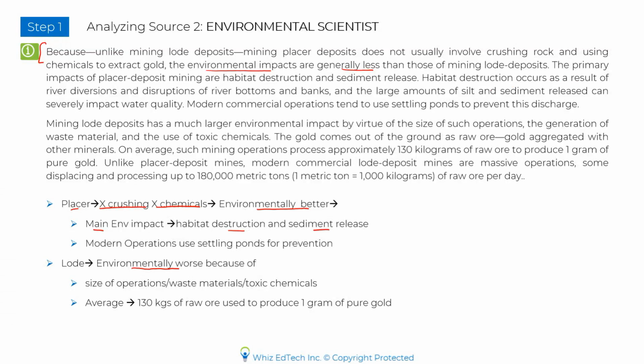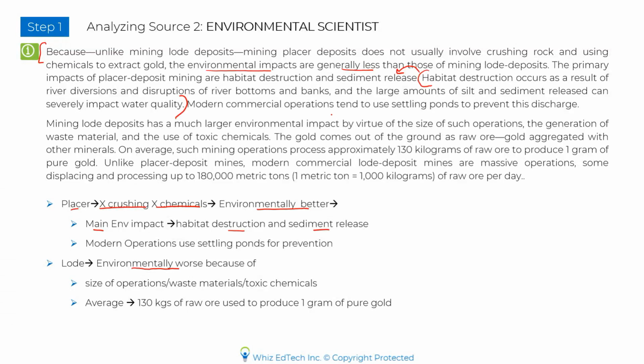Habitat destruction occurs as a result of river diversion and disruption of river bottoms, banks. Large amounts of silt and sediment released can severely impact water quality. Now, this part I'm not noting down. Why? Because to me, this is just an extension of sediment release. All right. So anything related to sediment release, if I need, I'll go back to the paragraph. I have not noted all of that down.